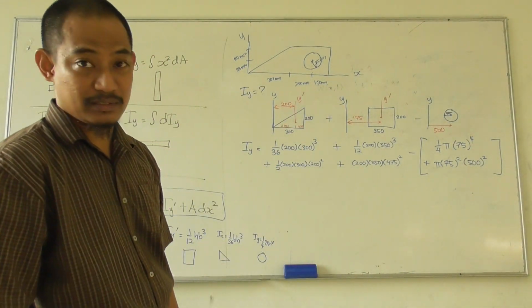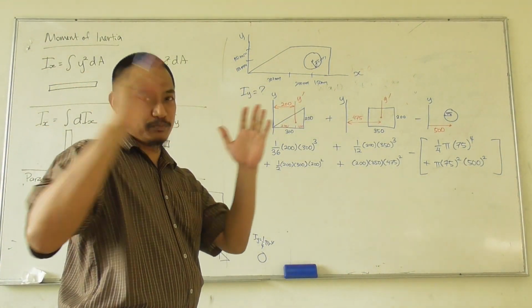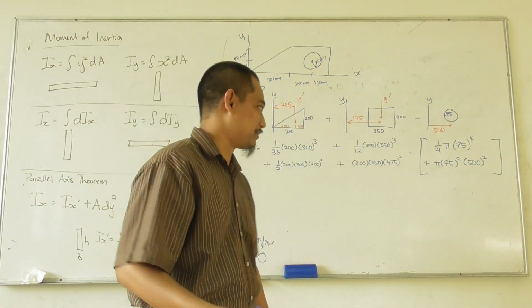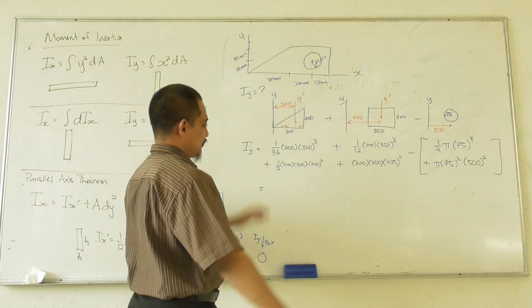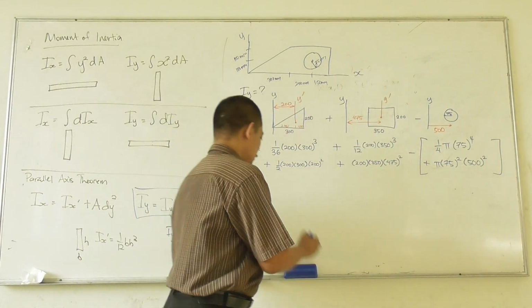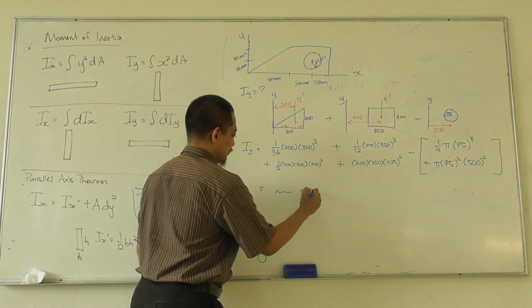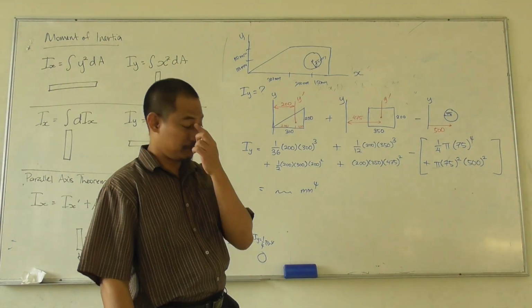Hopefully you can see, right? You can zoom in. Hopefully you put it on a big screen with this video so that you can see the numbers. And then you just add them up, add minus minus, and you get whatever millimeter to the power 4.